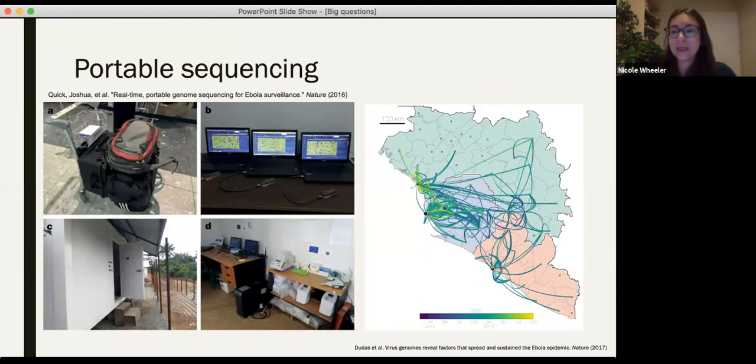These are tiny sequencers that you can take on a plane, you can take out in the field, really handy for doing genomics. So now you can pack everything you need into some suitcases and just go somewhere in the world and do an investigation, which is what people did in the Ebola epidemic, which feels like a very long time ago now, to help track the spread of the virus in almost real time. So that was a big change in how we do genomics and investigate outbreaks.